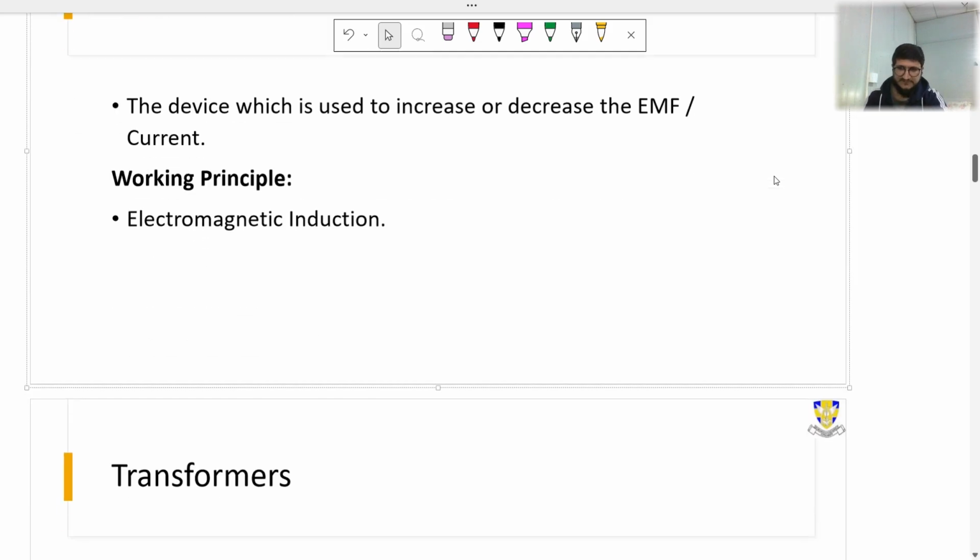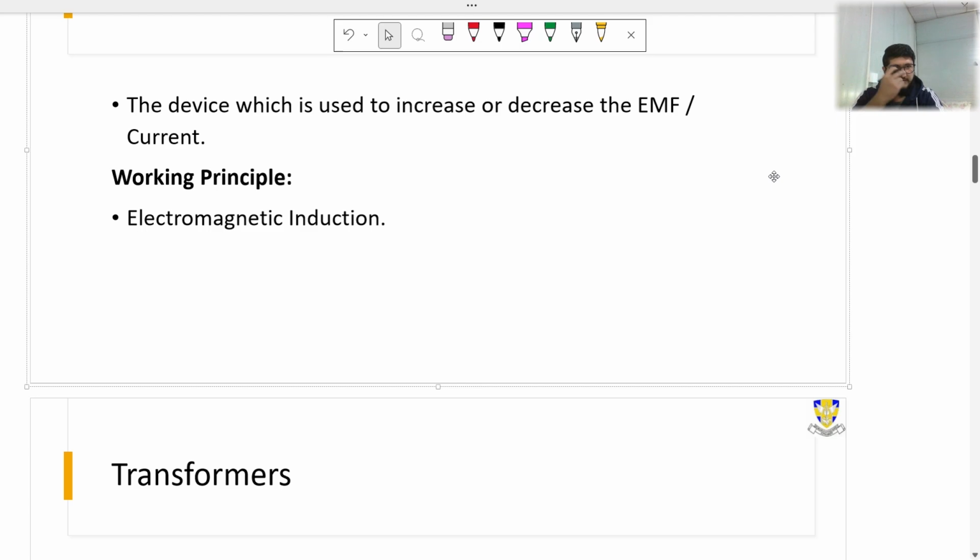One more important thing: if we are increasing the EMF of a system by using the transformer, the current across that circuit is going to reduce. Similarly, if you are decreasing the EMF, the current would increase.